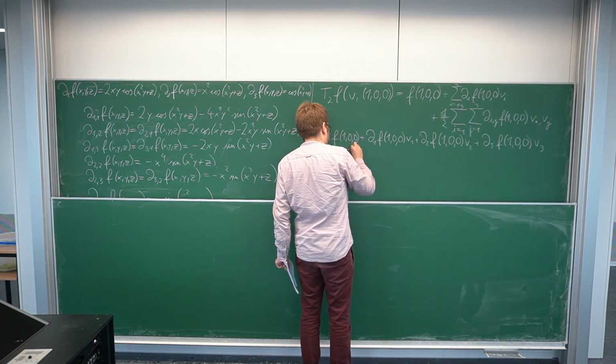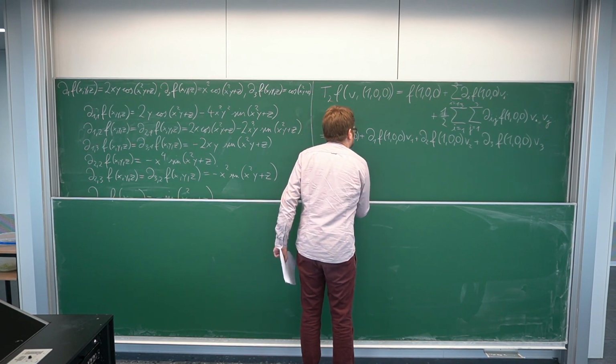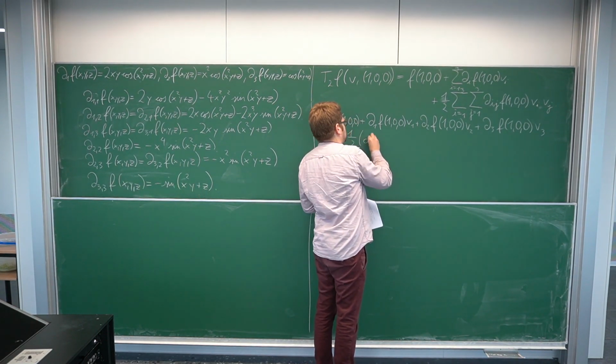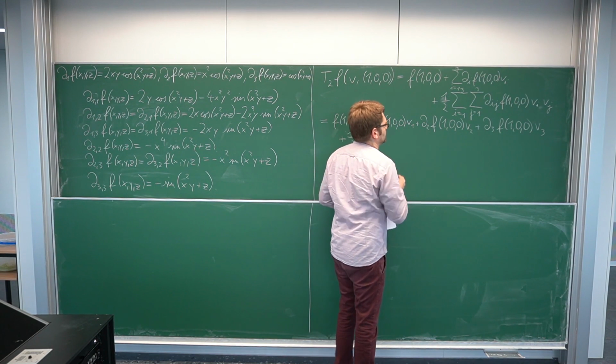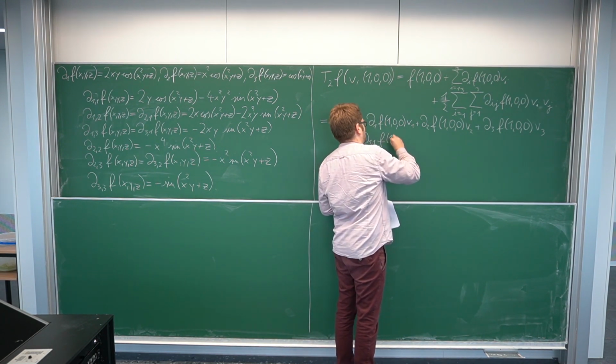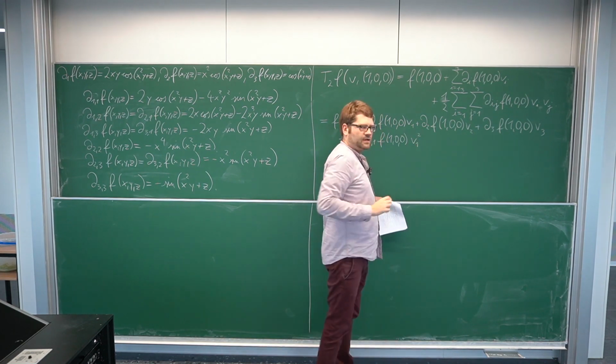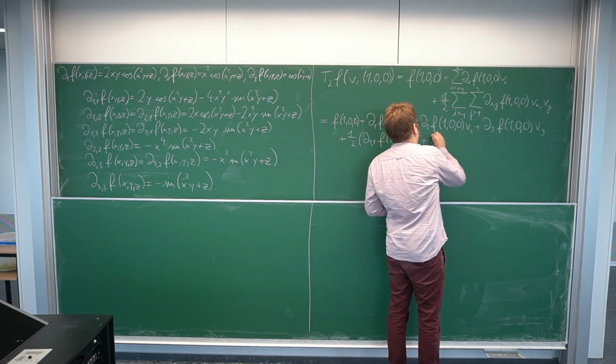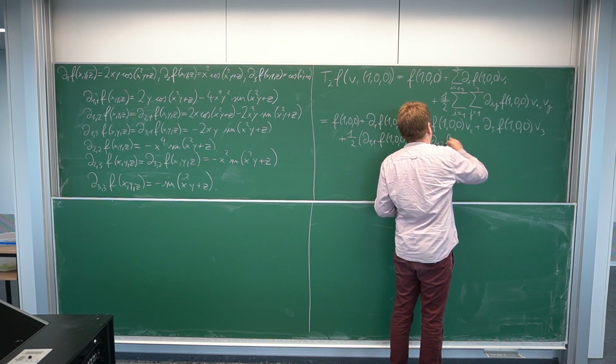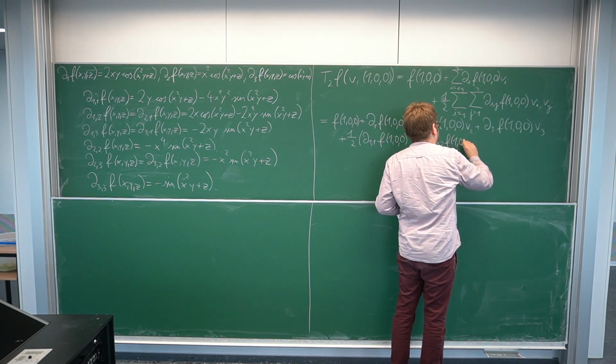This is 1 over 2, and now we get d1,1 f of 1, 0, 0 times v1 squared, plus d1,2 f at 1, 0, 0.